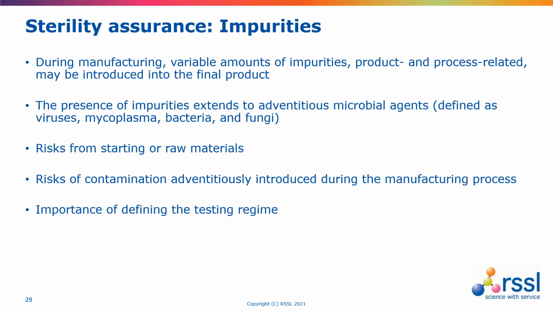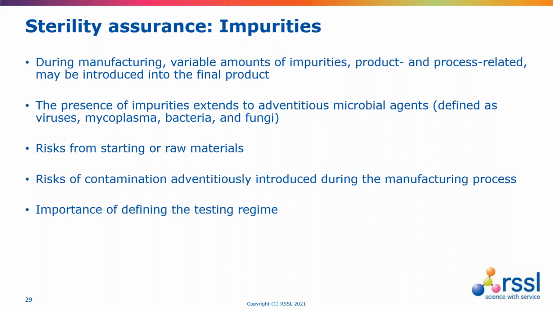And the presence of impurities extends to adventitious microbial agents, so it could be viruses, mycoplasma, bacteria and fungi. And this form of contamination could originate from the starting raw materials or be adventitiously introduced during the manufacturing process. So again, a risk assessment would be required to evaluate the possibility of these agents getting in, or their potential reactivation through the process.